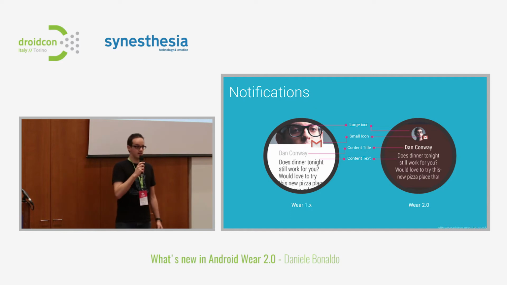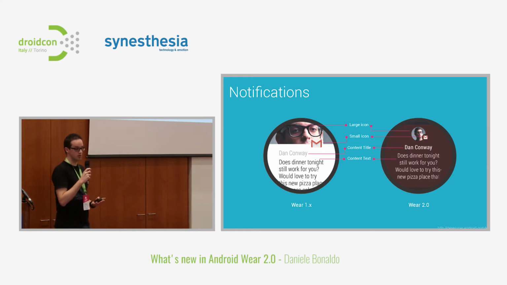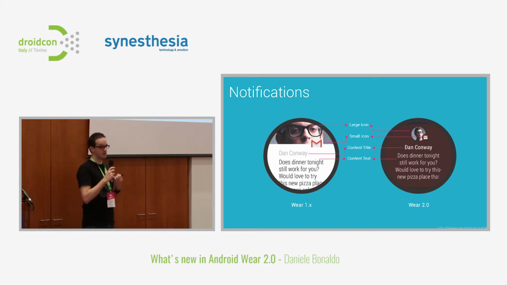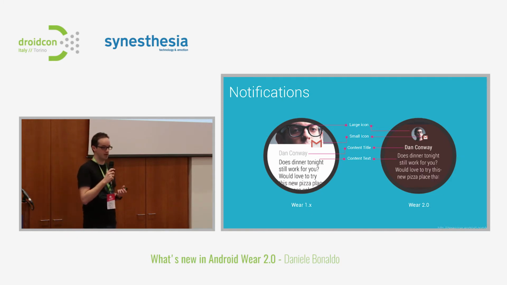You can see that the style is using a more dark theme, dark palette, which we will see later is used also in most of the installed applications on the watch. The core elements of the notifications are always the same, so you don't have to change any field used to create and to display notifications on your phone.